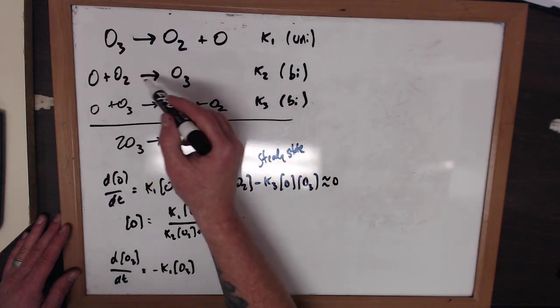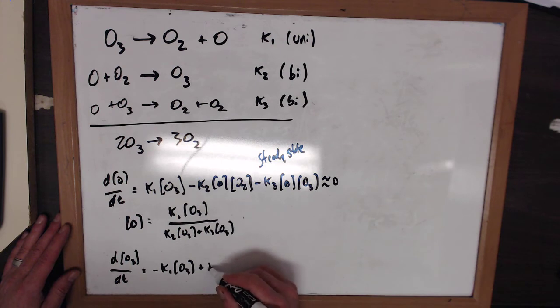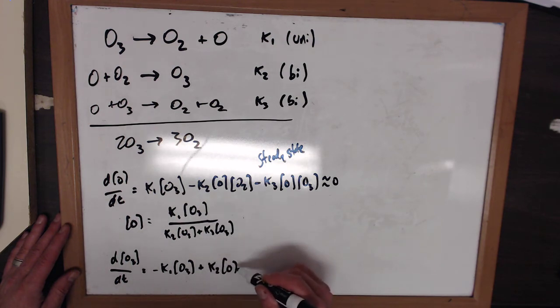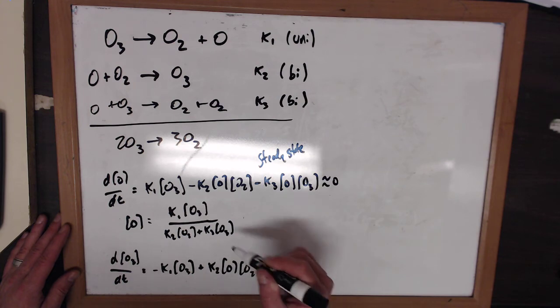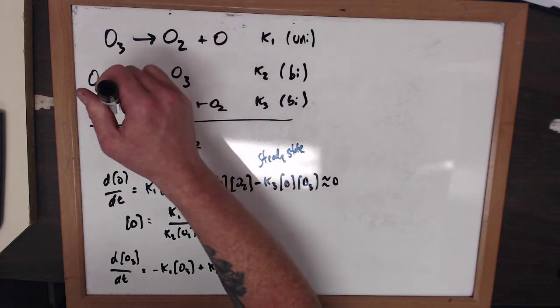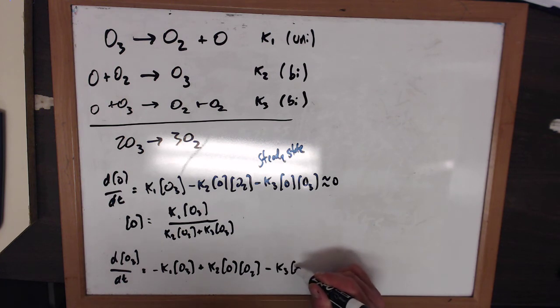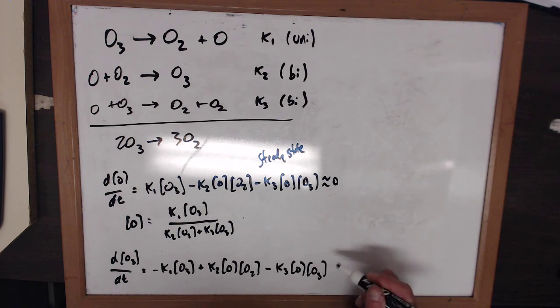And then now it appears as a product in the second reaction, so that's going to be plus K2 times O times O2. And then now it is a reactant in the third reaction, so that's going to be minus K3 times oxygen atom times O3.